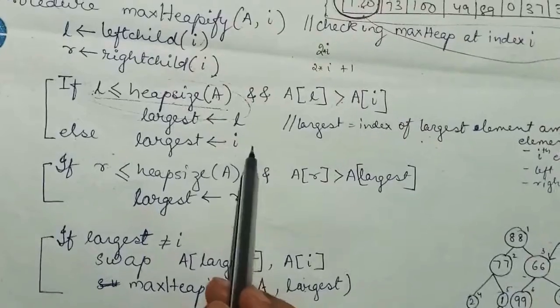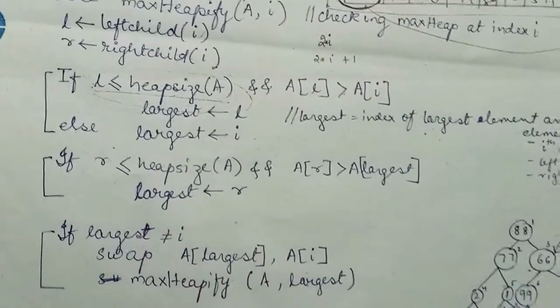Else largest is I, because if L is not greater then I is greater.